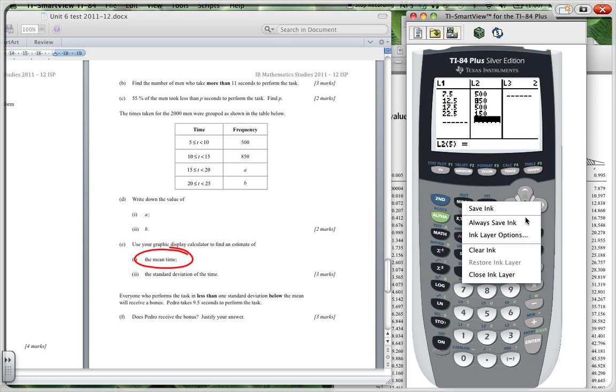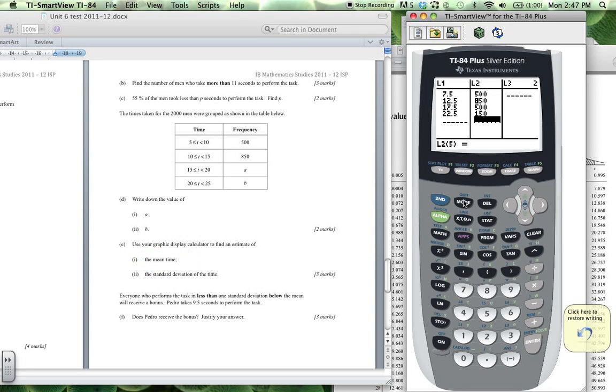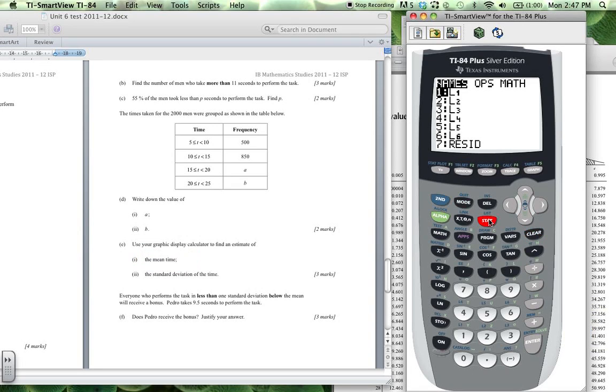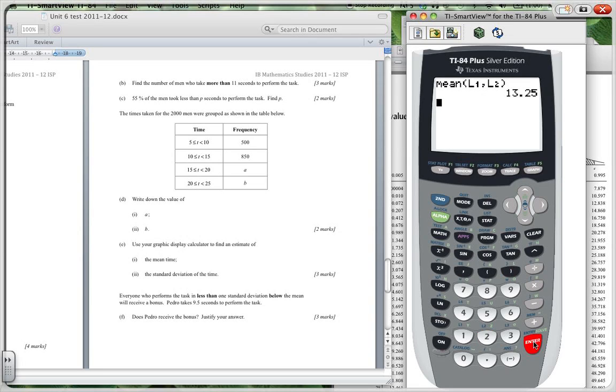So let's go out of there, and you clear that all, and then you go to second function list, and you go over to math, and we firstly want to find our mean time. So we go to our mean, and we say enter. We are looking at L1 and L2, and we say enter, and we get 13.25. Then standard deviation.